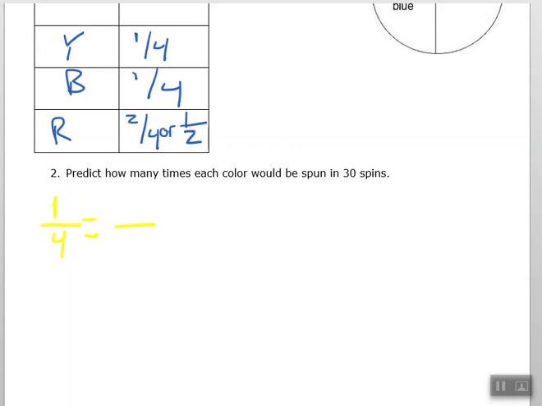And so what are those chances out of 30? All right, so to get from 4 to 30, I would multiply by 7.5. Okay, so I have a 7.5 chance out of 30 of landing on yellow.